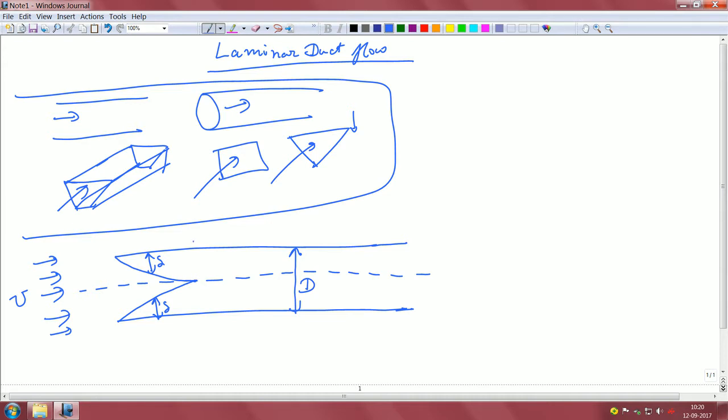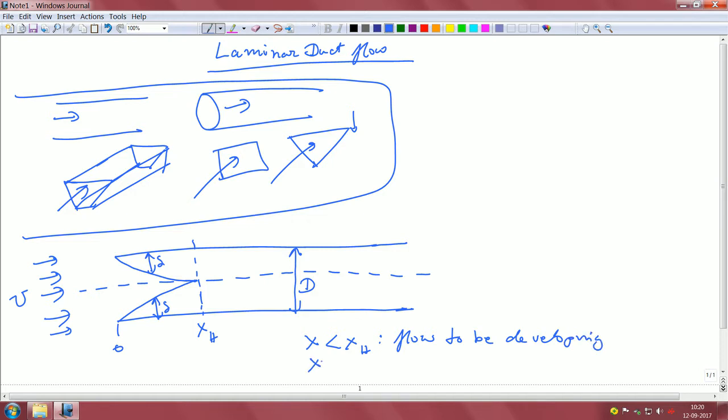In this section, let us mark this important location and call it xh. This is of course x equals 0. When x is less than xh, we call this flow developing.